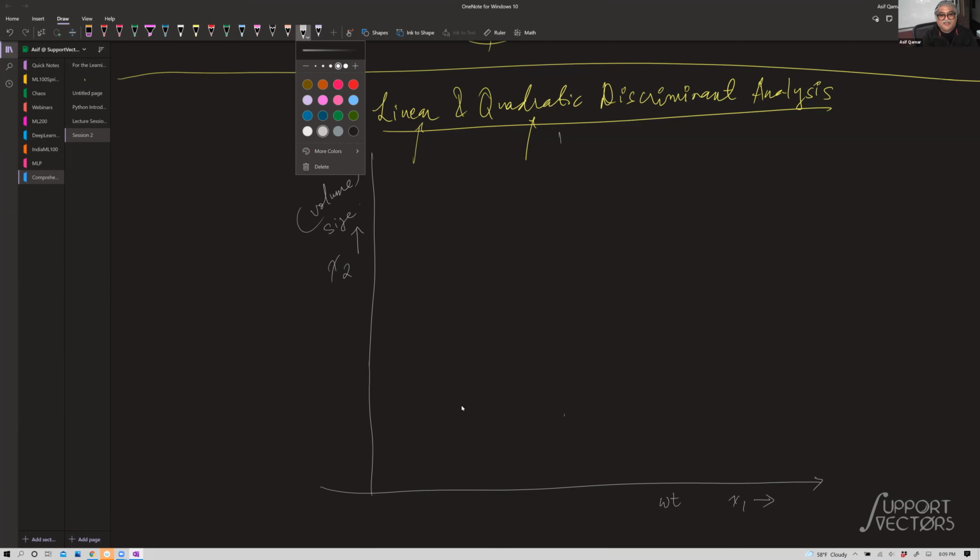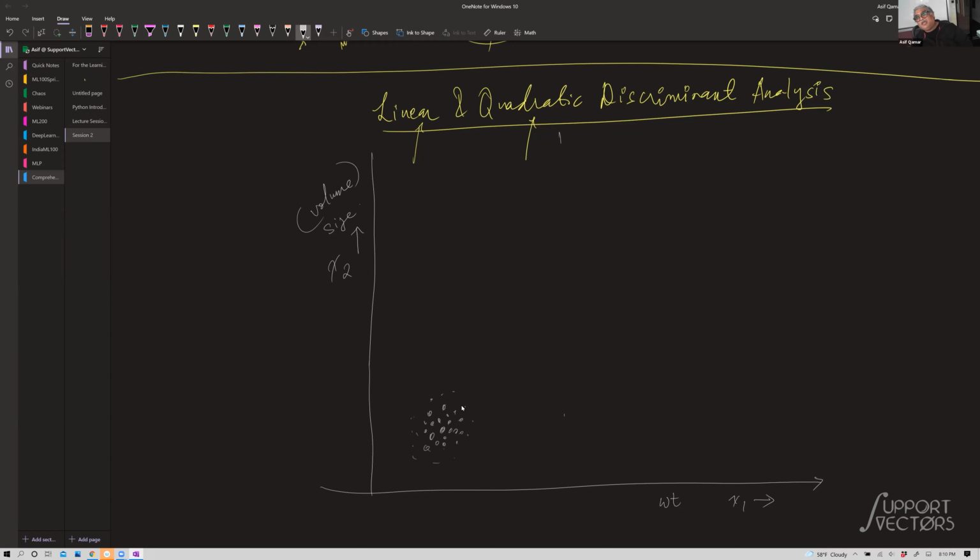Would you agree that the ducks, what would be a good color for ducks? Ducks are mostly white, so I'll just leave it as white. Their weights would be somewhere around here. They're small in size, small in weight.